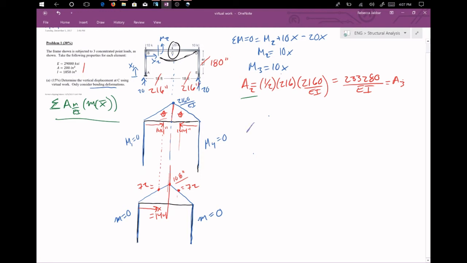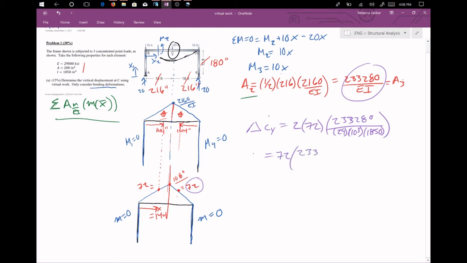All right, so the change in C, the vertical deflection, will equal this times this, but we're doing it twice, and because the symmetry makes it easy, so 2 times 72 times that whole thing, all over 29 times 10 to the third, times the moment of inertia, and that's the same as doing it the long way.